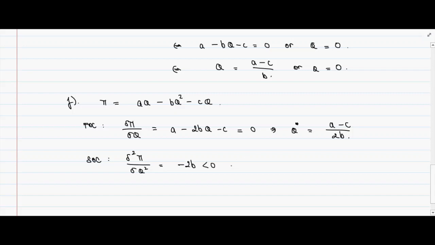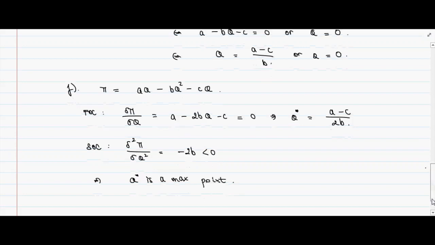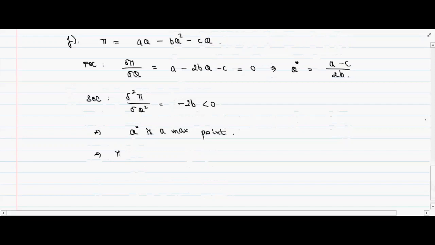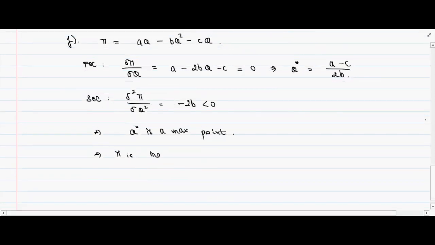With this being smaller than 0, I confirm that Q star is a maximum point. Therefore the profit is going to be maximized at the point Q star equal to A minus C, everything divided by 2B.